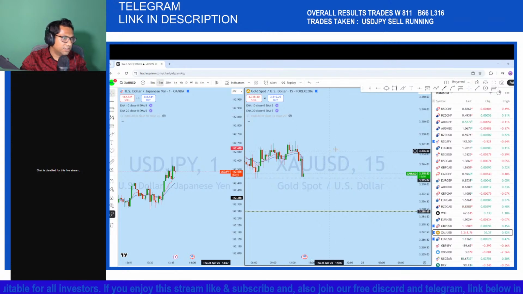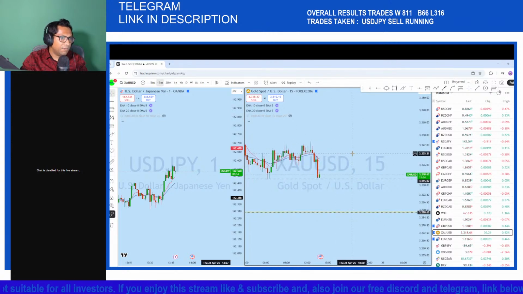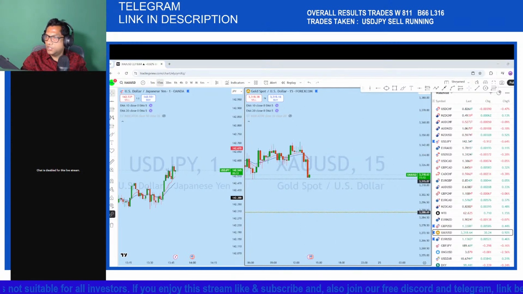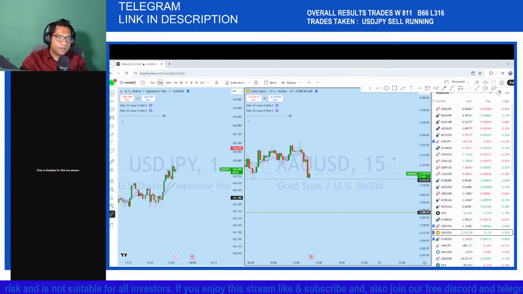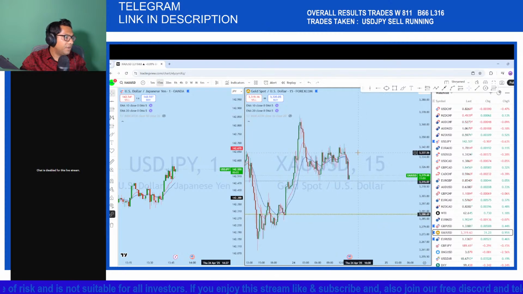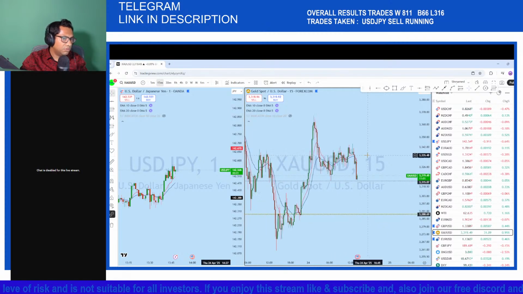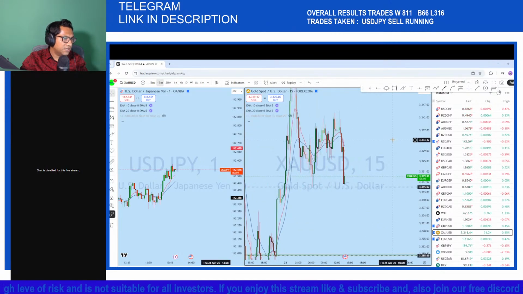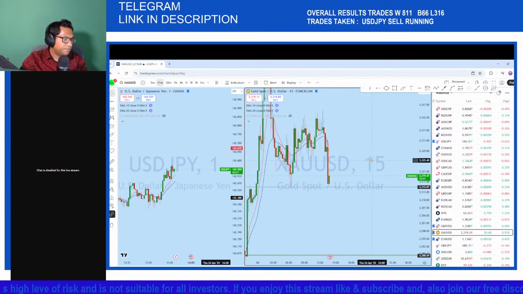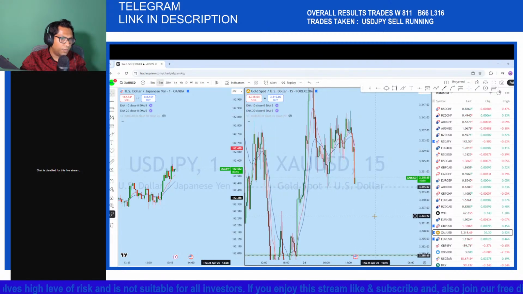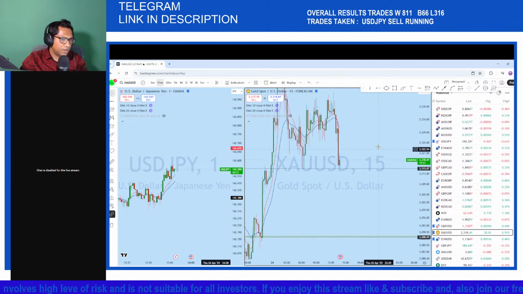Okay, so you can see there is a 15 minutes bearish price action in that area. So with that 15 minutes price action on gold, you can see the price almost dropped to that support level that we are talking about.